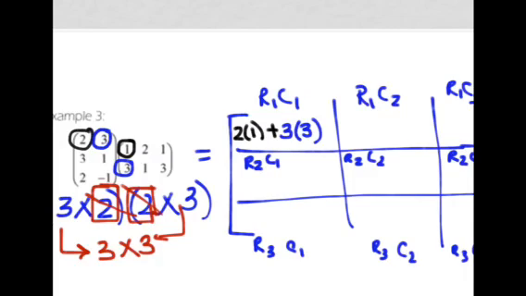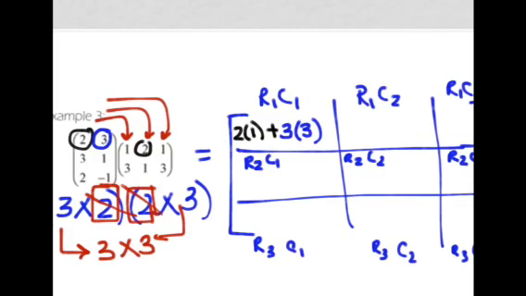Then we'll move on to row 1 with column 2. So the 2 and the 3 is going to get used again. This is my theory of it. The 2 and the 3 gets distributed to here, then it gets distributed to here, and then it gets distributed to there. We're currently on the 2 and the 1.